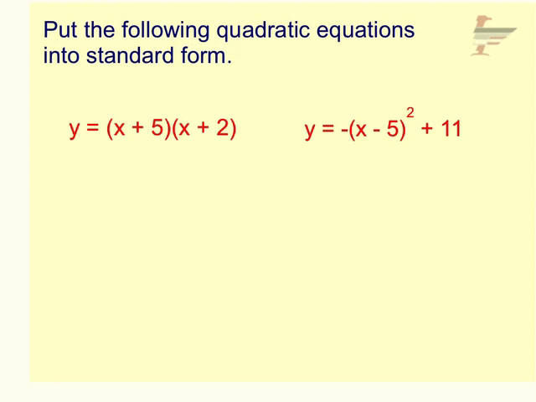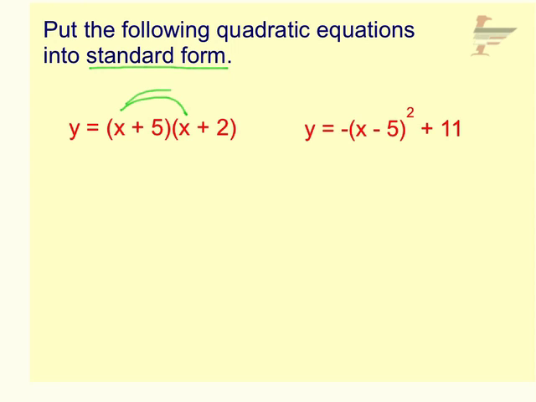Sometimes we're asked to put quadratic equations into standard form. If this shows up in the homework, all you have to do is basically multiply everything out and combine your like terms. For example, here we have y equals (x plus 5) times (x plus 2).